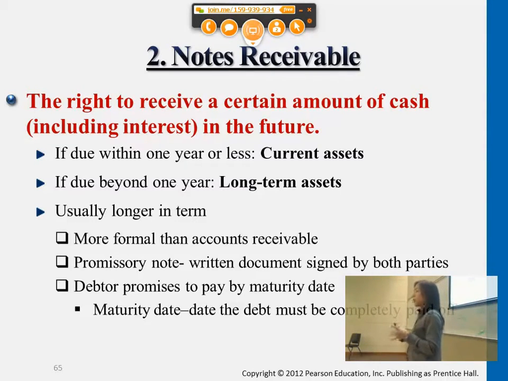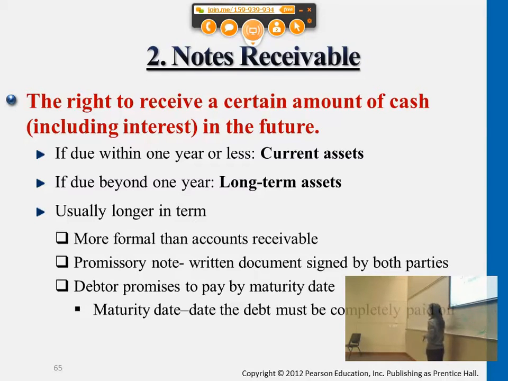The principal amount is what we call the original amount, either the dollar amount that you lent to the client or the dollar amount that relates to the product that you're selling to them. Principal amount plus interest together is the maturity value for notes. Once again, if you make sales to a customer, regardless of whether you lend money or provide products, let's say $1,000 worth of products, let's say this note receivable is for 3 months, and you apply 10% interest to it.